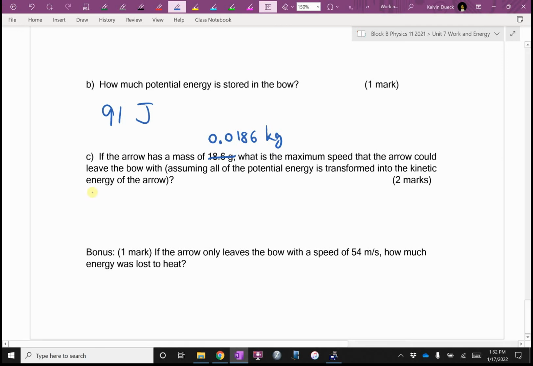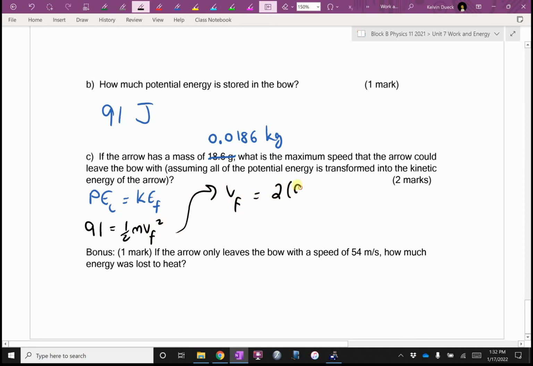I'm just going to say I think all of the stored potential is going to get turned into the kinetic energy of motion. 91 equals a half m v final squared. V final is going to be 2 times 91, or 91 divided by 0.5, and then divided by the mass, 0.0186, square root.